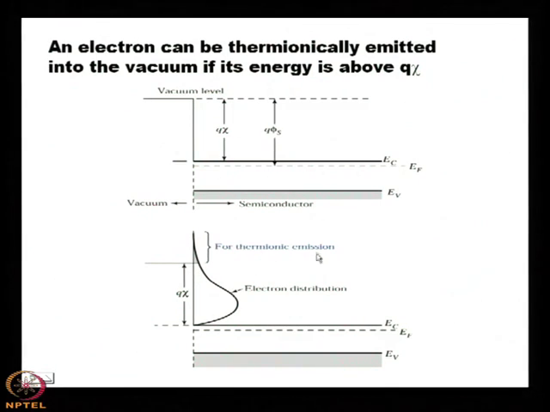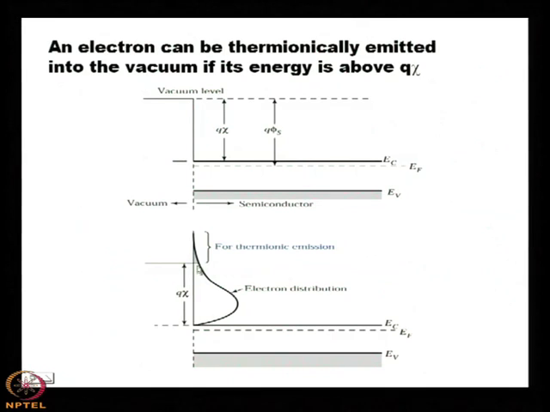So, thermionic emission is possible in n type semiconductor also. Because of the distribution of electrons, most of the electrons will be inside the vacuum level, but there will be some electrons, a few, not very high. This is the tail region and it is marked with some blue color.